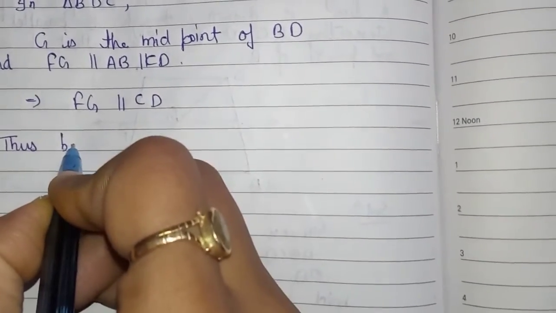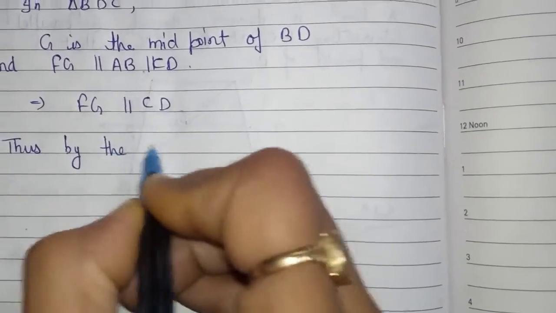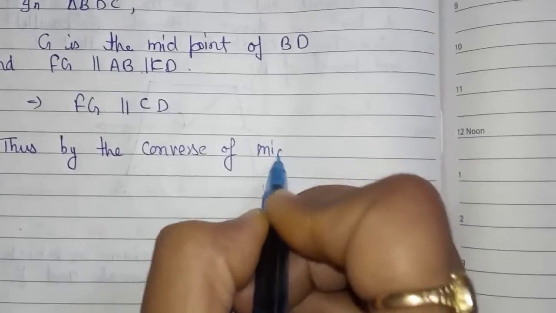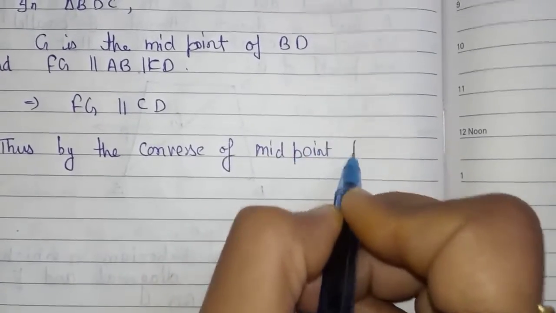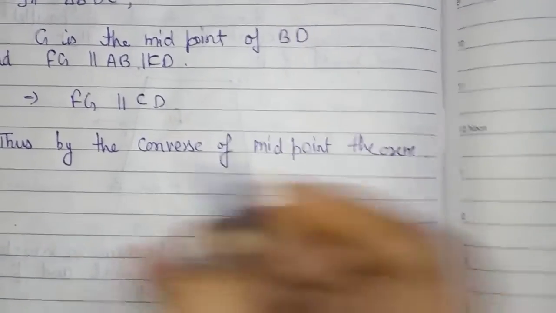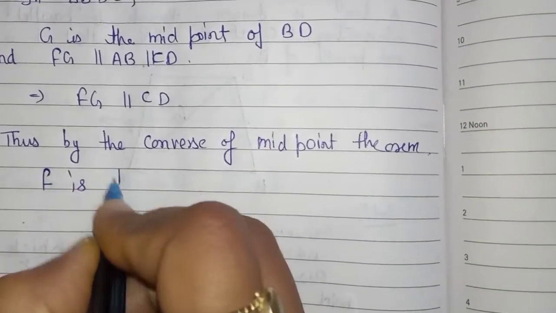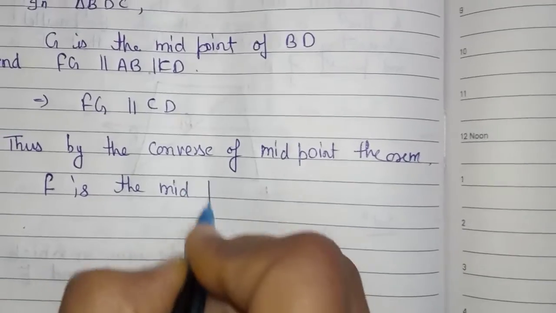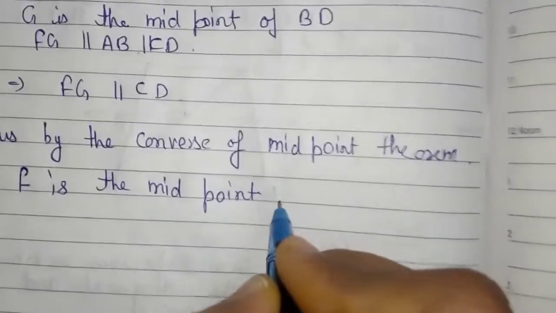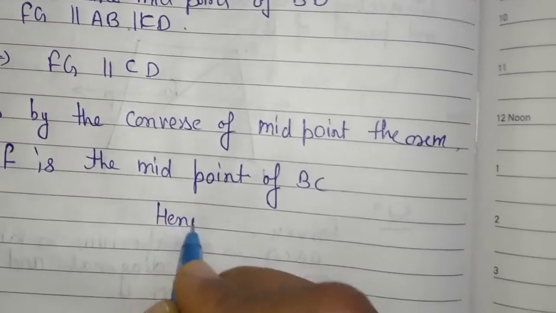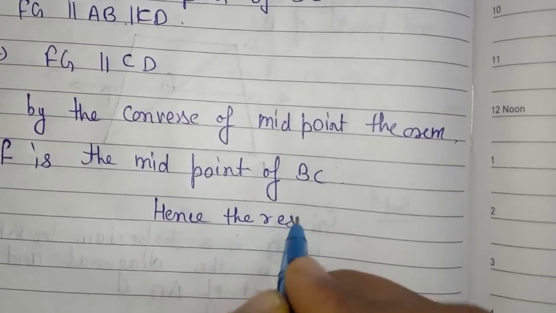Thus, by the converse of midpoint theorem, we get F is the midpoint of BC, hence the result.